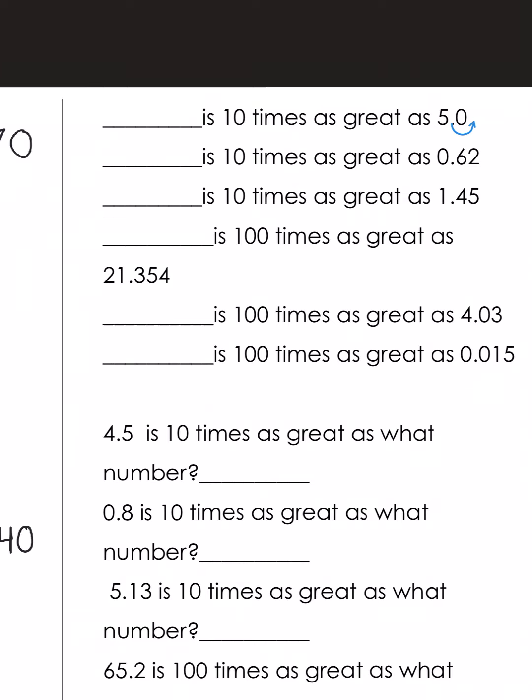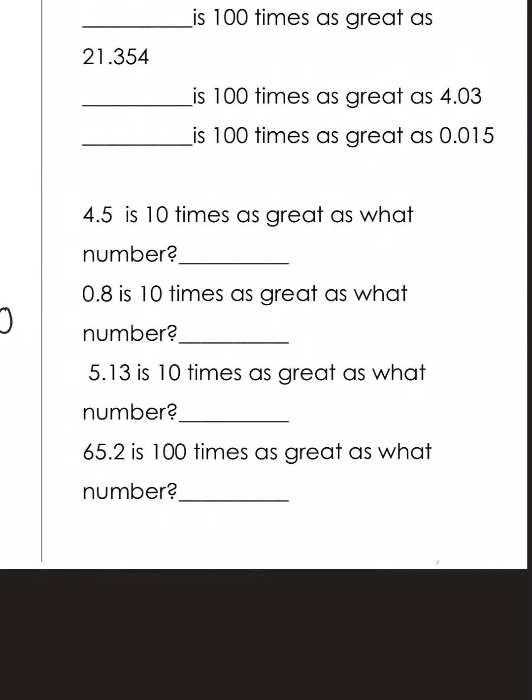We are only moving it one time because it is only 10 times greater, not 100 times greater. Then we rewrite our number and we have 50.0 or 50.